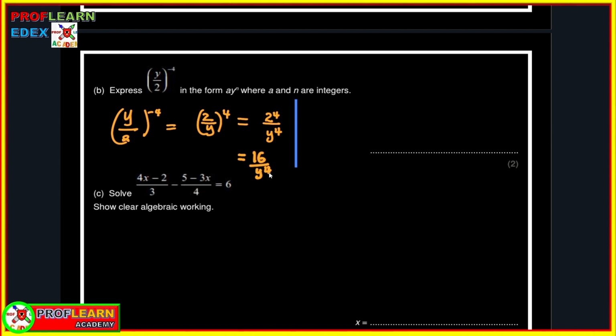But now see the question: give in the form a y raised to power n. We are not having a fraction there, so we have to express it in the form the question is expecting us to. Because if y was a fraction, if you take it up, you are going to write a negative. All right. Okay. Right.